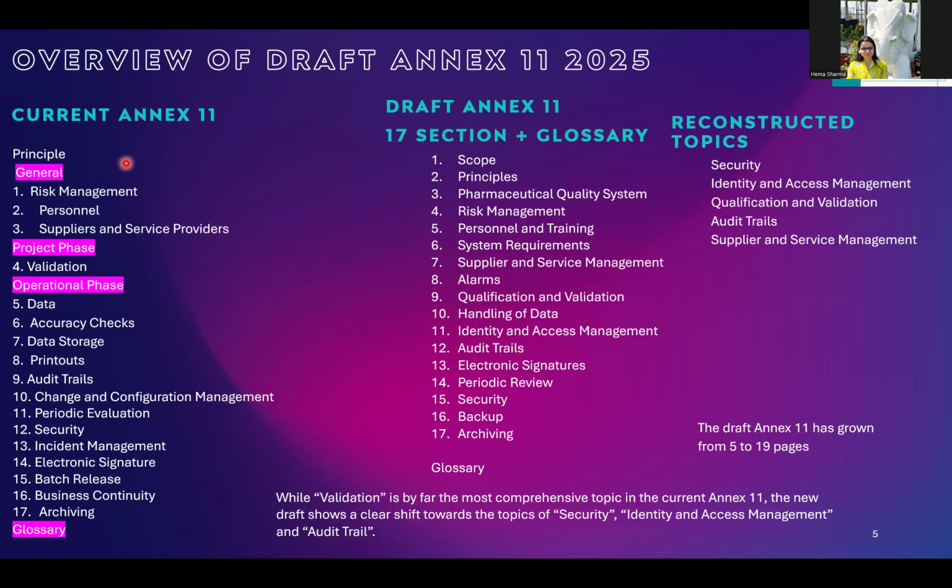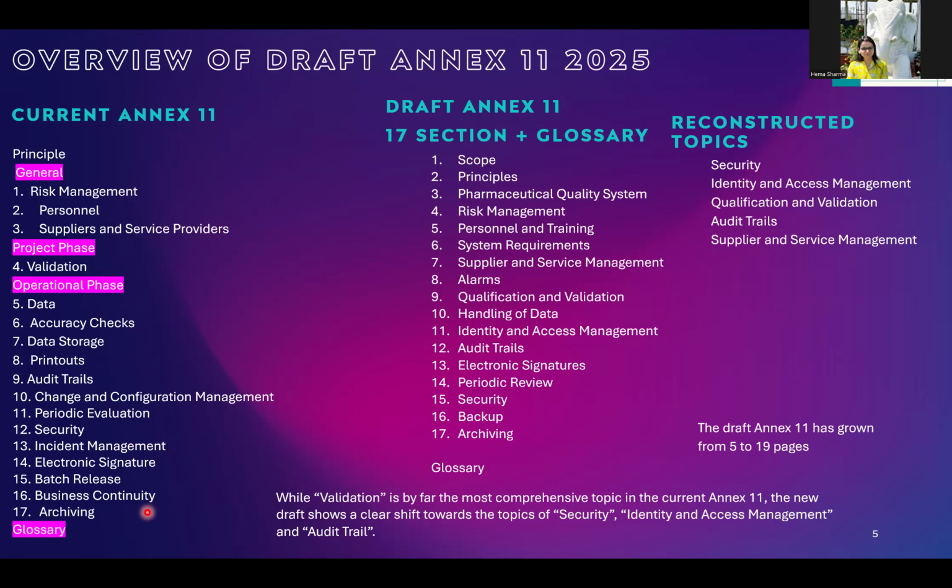The current Annex 11 has a general part, project phase and operational phase, and at last a glossary. Under the general part there are principle, risk management, personnel, and suppliers and service providers. Then the project phase contains the validation part, and the operational phase contains data, accuracy checks, data storage, printouts, audit trails, change and configuration management, periodic evaluation, security, incident management, electronic signature, batch release, business continuity, and archive.